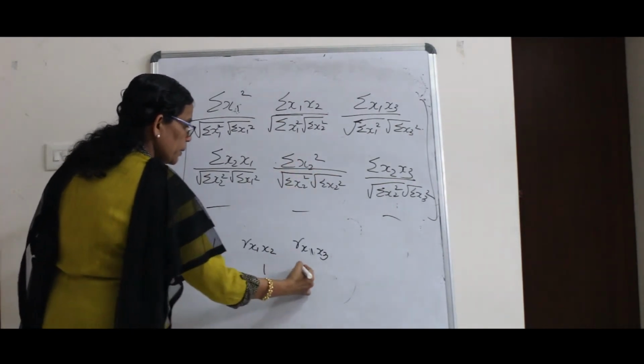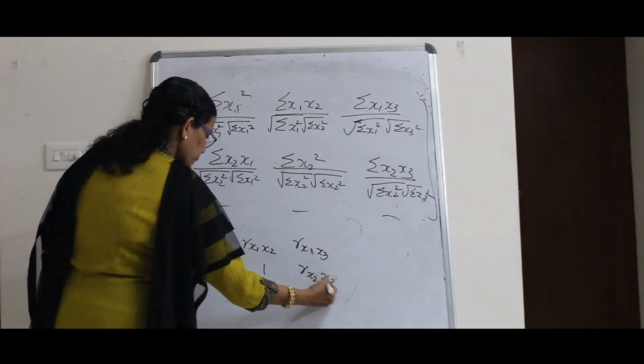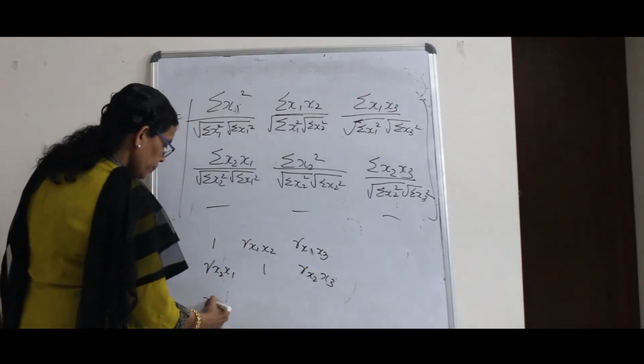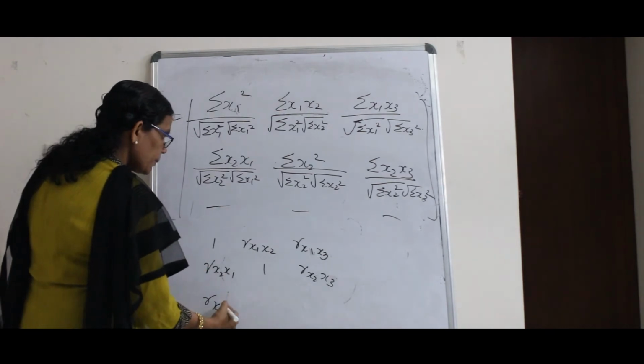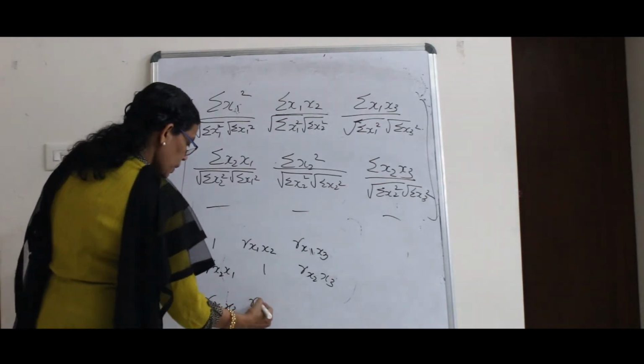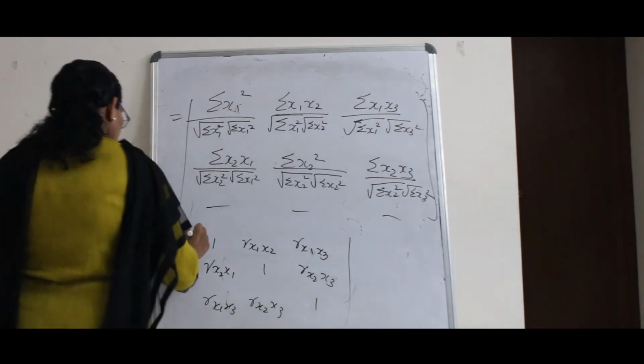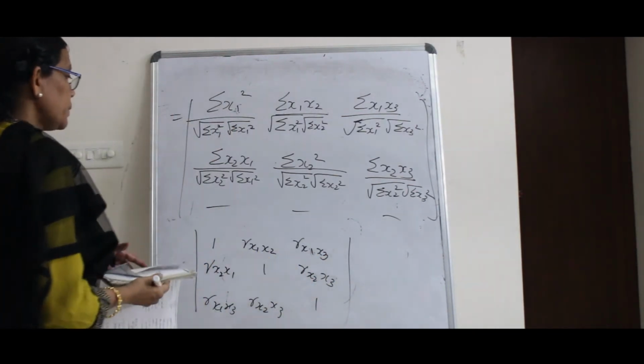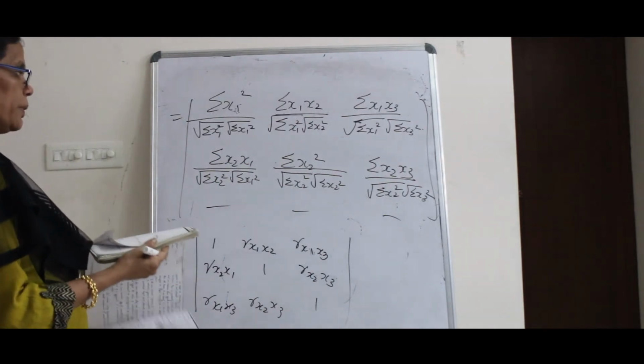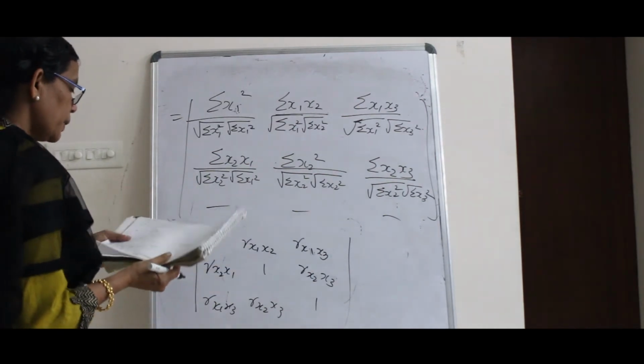This is 1. This is Rx2x3. Here it will be Rx1x3, Rx2x3, and this will be 1. So this is what the standardized matrix will give you.